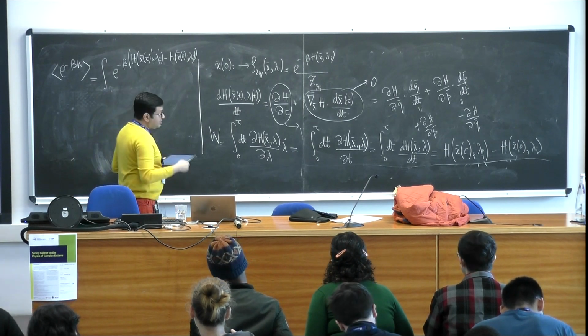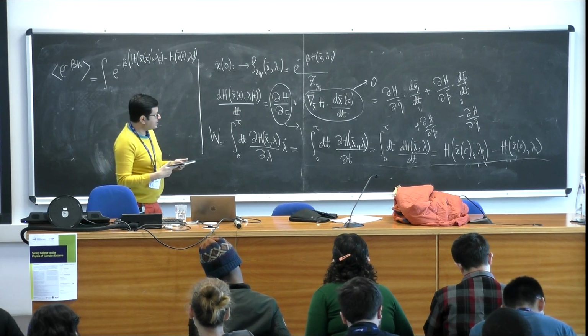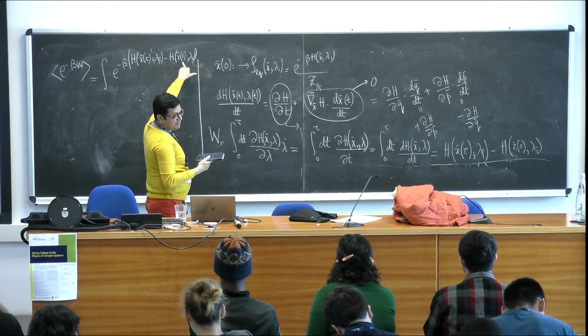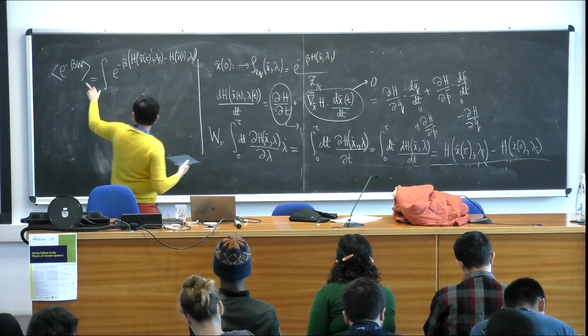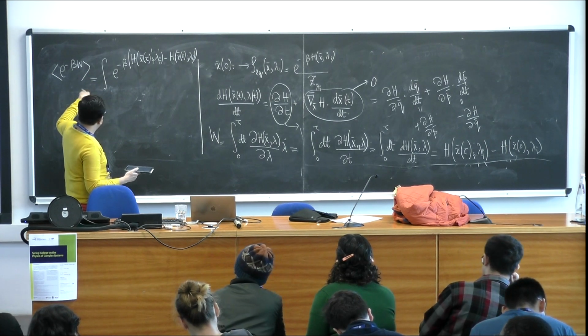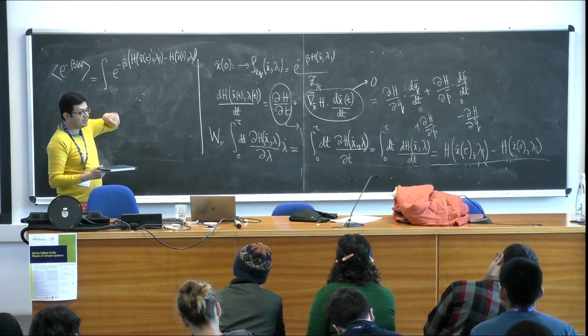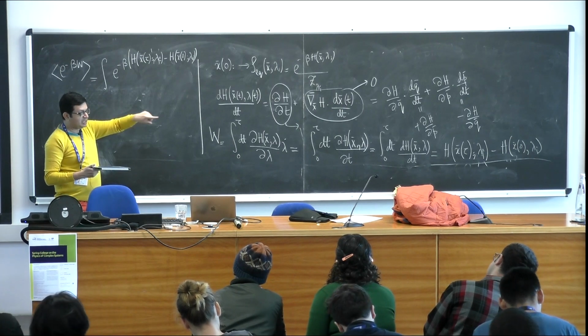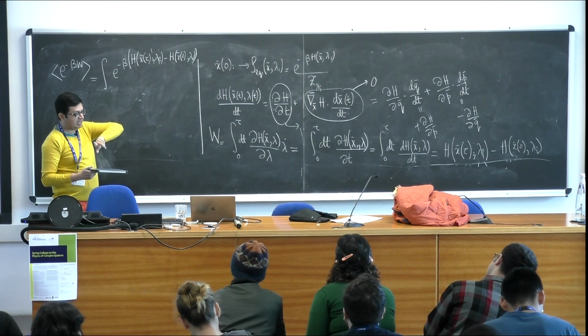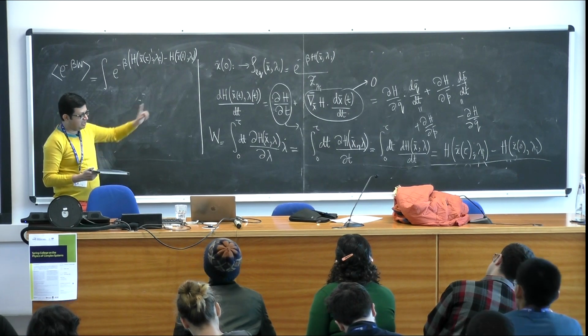Now you see, where does the randomness come from? The randomness comes from the distribution of x0. So when I am doing this average, when I do this experiment over and over again, I have to average over the initial condition, because during the time evolution there is no randomness. If I start from x0, I go there. If I start from here, I go there.